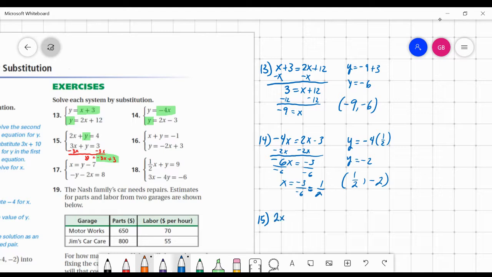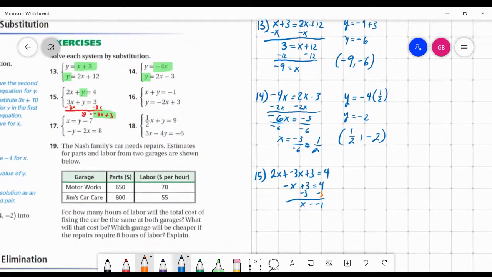So 2x plus negative 3x plus 3 equals 4. Combine like terms, 2x plus negative 3x is negative x. I'm going to subtract 3 from both sides. So negative x equals negative 1. So I'm going to divide both sides by negative 1.